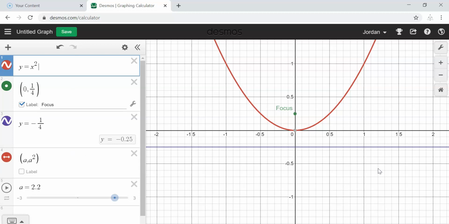And these are special, a special point and a special line of interest, because if you take any point on your parabola, let's say this one here, which is the point (0.9, 0.81), it turns out if you were to look at the distance from the focus to that point, and then the distance from this point straight down to the directrix, those two distances would be equal.